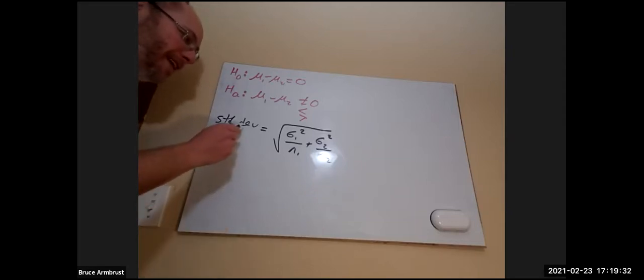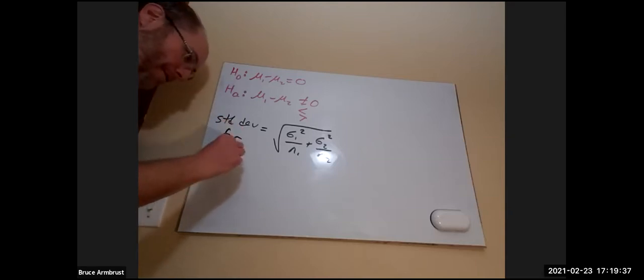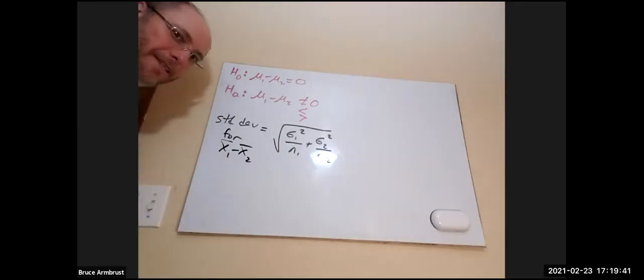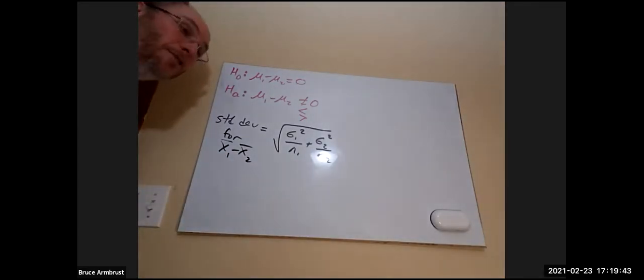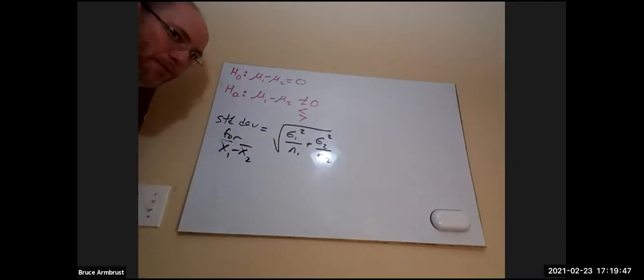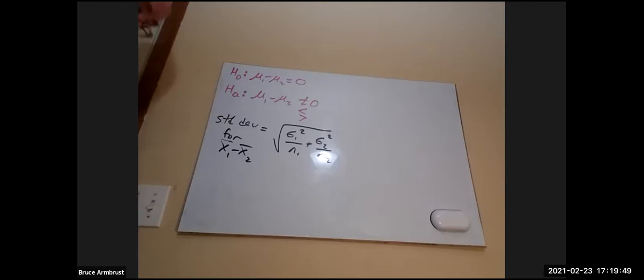And this gives you the standard deviation for this distribution, the distribution on x1 minus x2. So by choosing it to be a difference, it makes the math way worse. All right, that's your standard deviation.